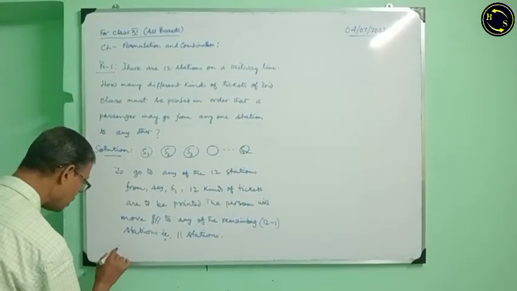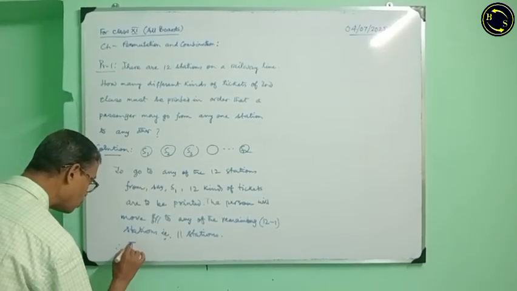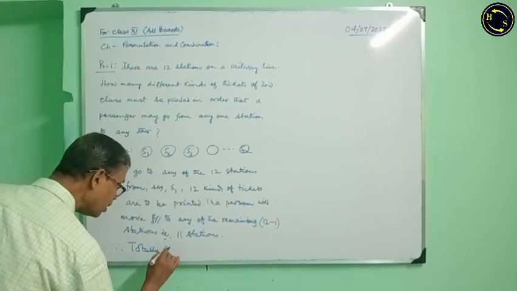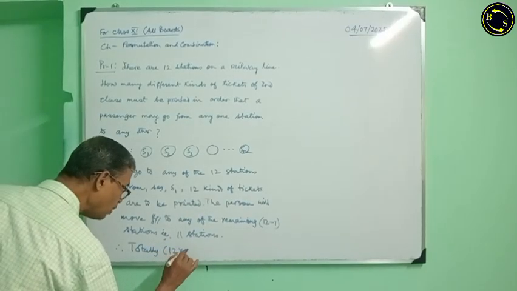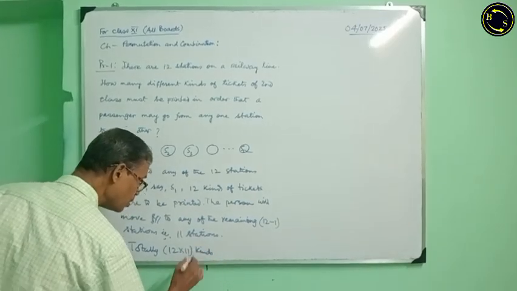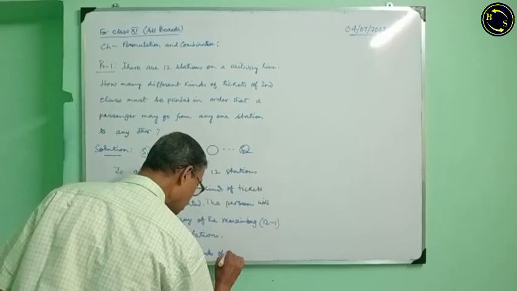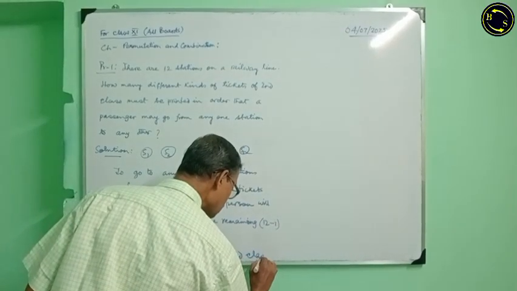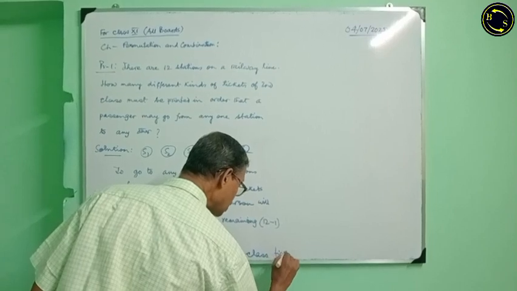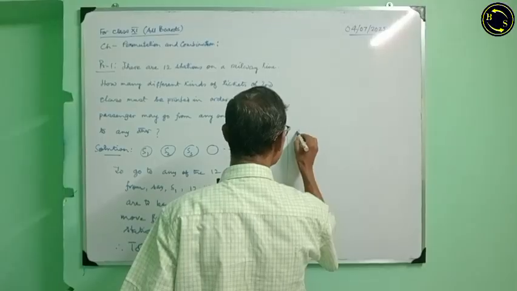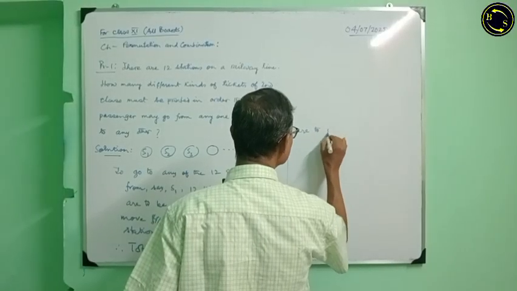Therefore, totally 12 into 11 kinds of second class tickets are to be printed.